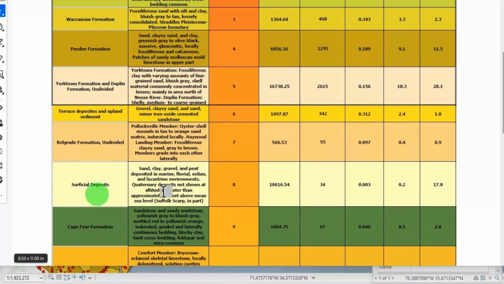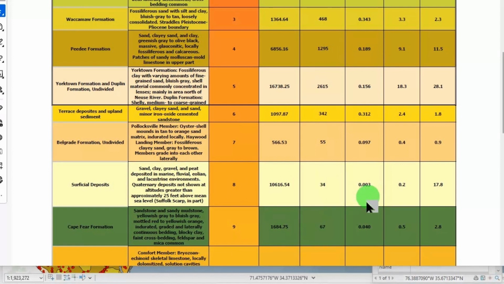So in that group, which had an area of 10,616 square kilometers, there were 34 that we found, and most of those are not below 25 feet. In reality, they are on some of those little coastal barrier islands or something at a little higher elevation.